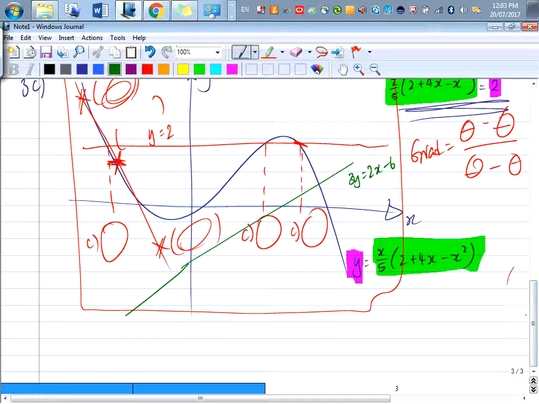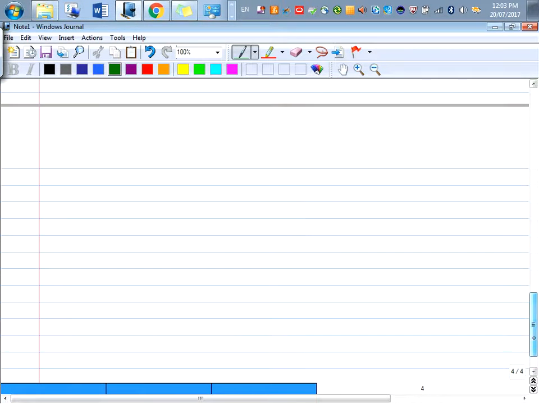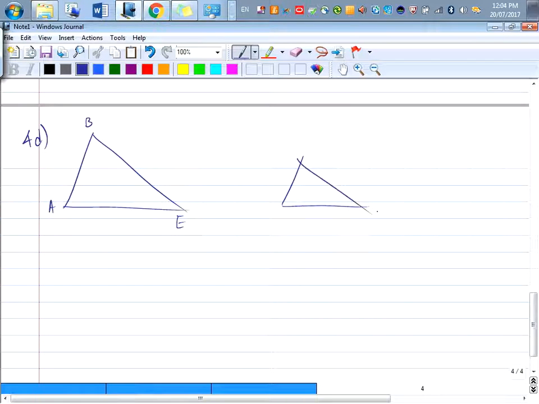Next is question 4. For D, on the ratio of the sides, we have shown that triangle BCF and EDF are similar. We can also show that triangle BAE and triangle FDE are similar.